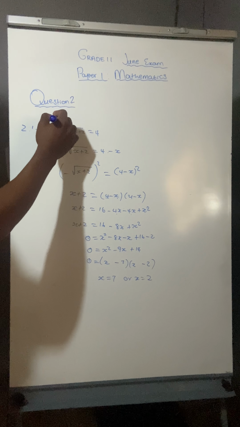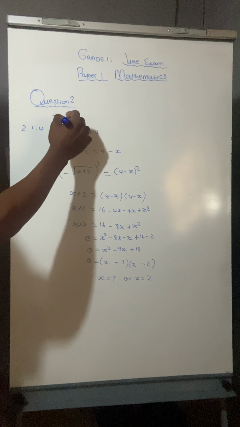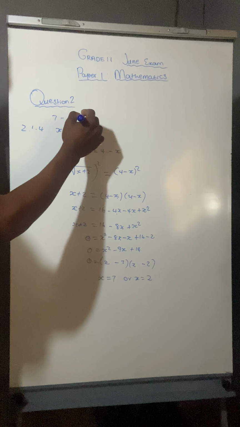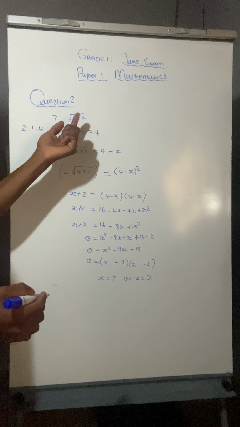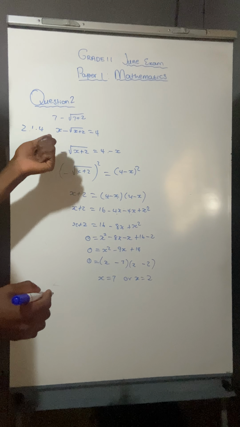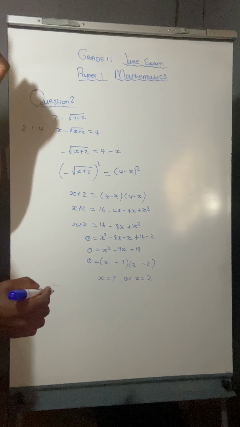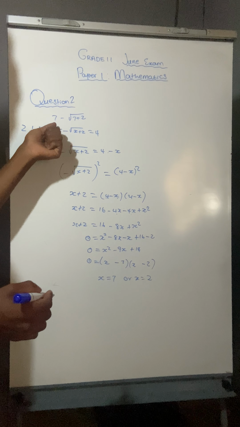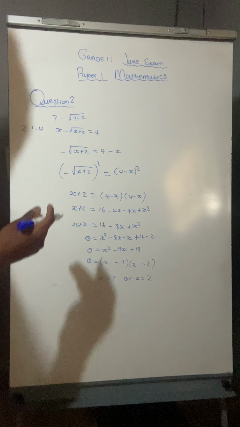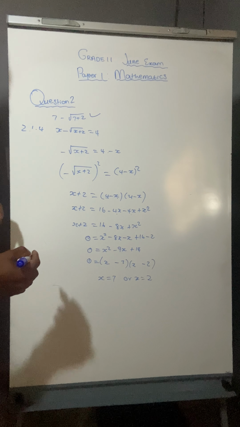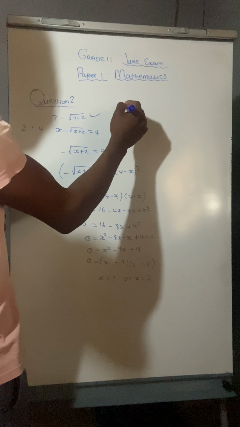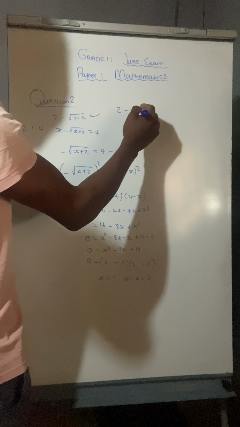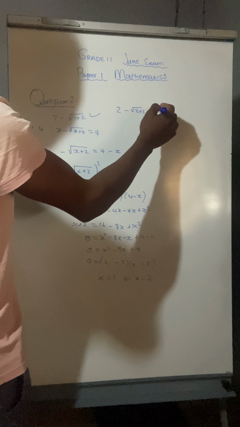Okay, so this is 7 minus... square root of 7 plus 2. Remember, 7 plus 2 is 9, so the square root of 9 is 3. So 7 minus 3 is 4, that means it is correct. Now what about we substitute the value of 2? Square root of 2 plus 2 is 2, and 2 minus 2 gives you 0.